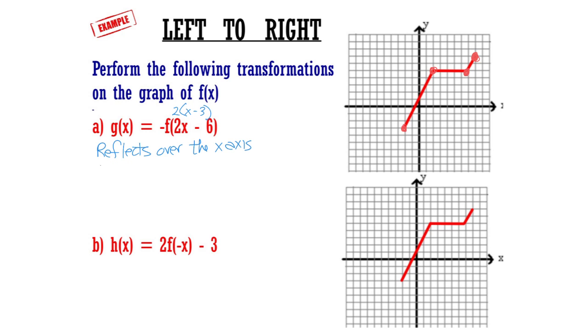So that's a horizontal shrink because I'm doing the opposite, by 1/2. And then it's going to go right 3. Now what I do is I take all 4 of these ordered pairs over here, and I'm going to do those 3 things in that order.